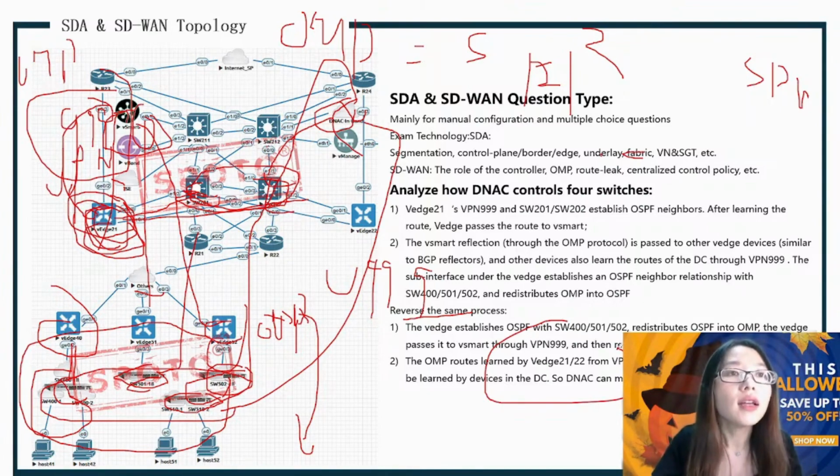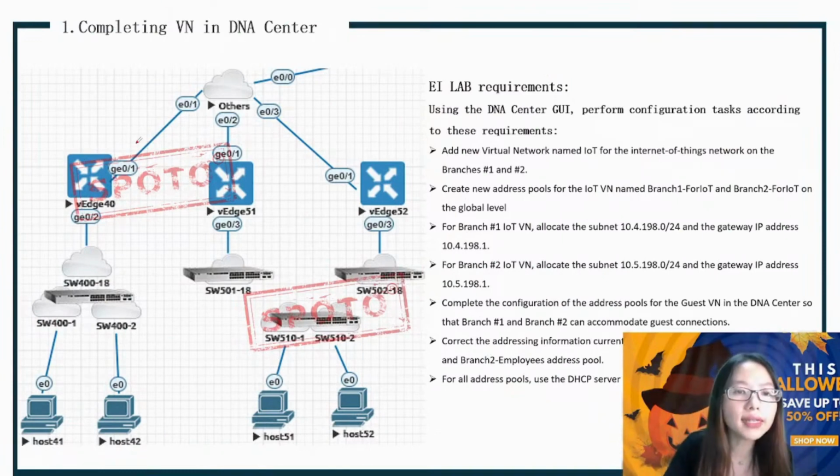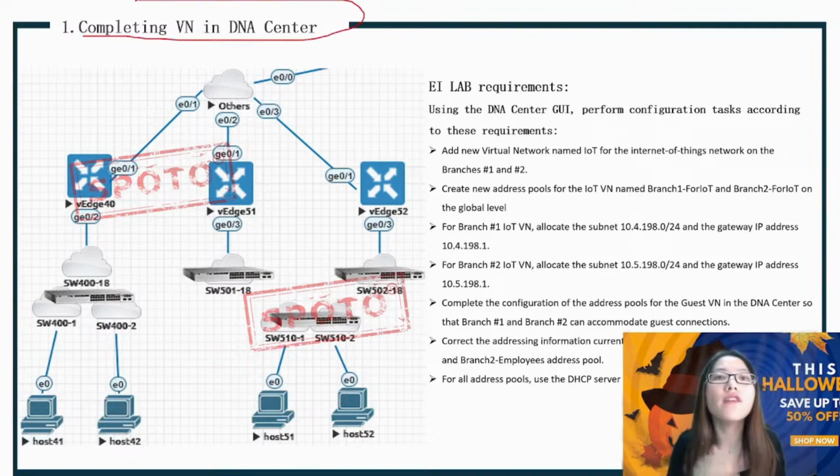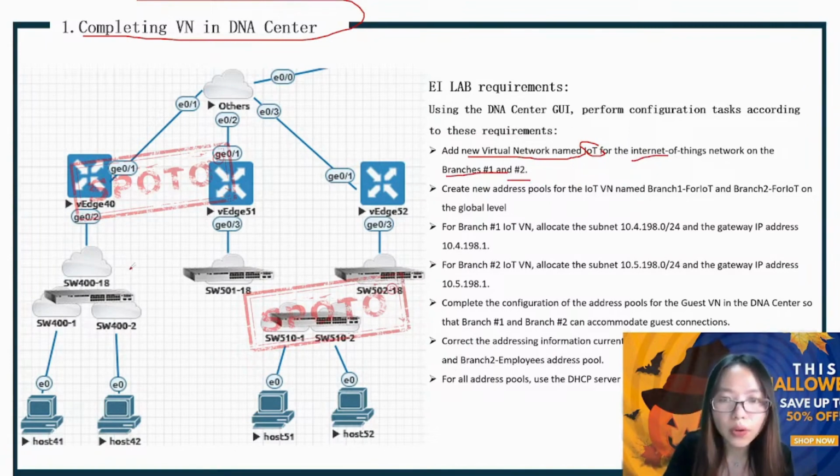Next, let's see the CCIE SDN requirement. The first part is about completing the VN in DNA Center. First, add a new virtual network, IoT for Internet of Things, on branch 1 and branch 2.